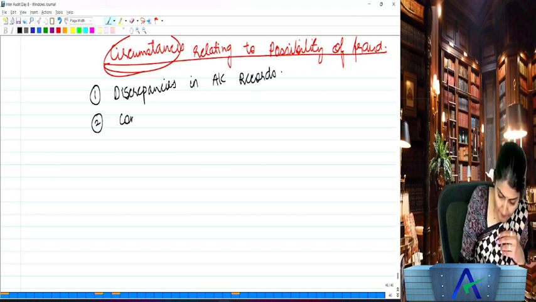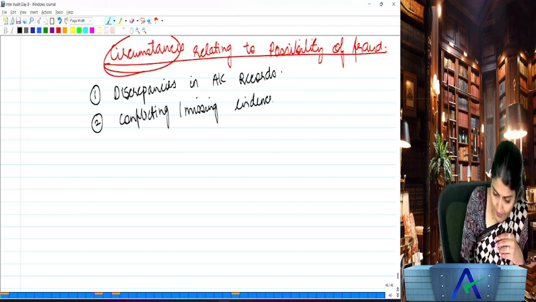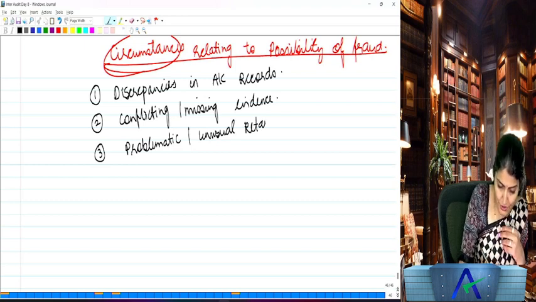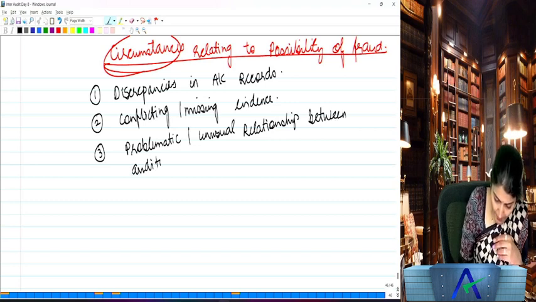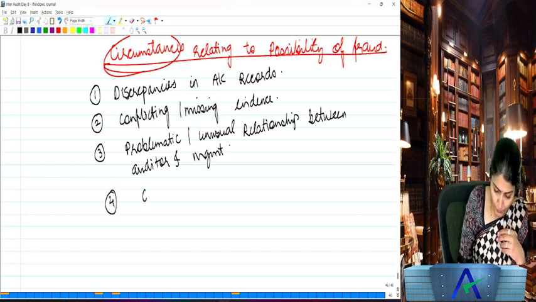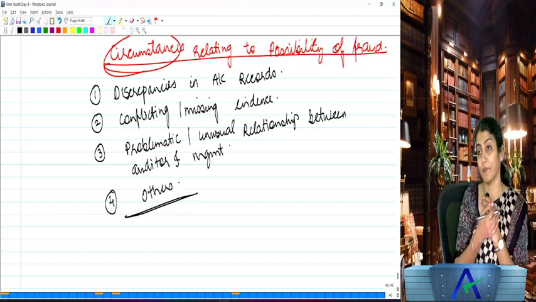Discrepancies in the accounting records, then conflicting or missing evidence, then a problematic or unusual relationship between the auditor and the management. And the last one, the fourth, is others.